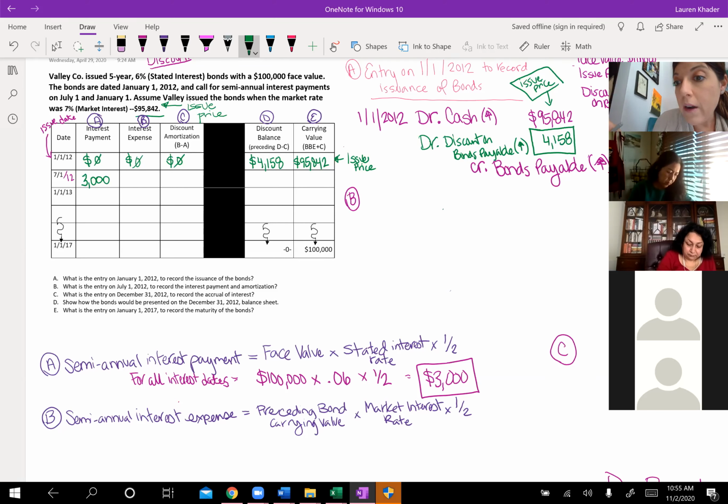If these bonds paid annually, you would just drop off the 1/2 part. So for July 1st, 2012, the preceding bond carrying value is always equal to our issue price, $95,842.